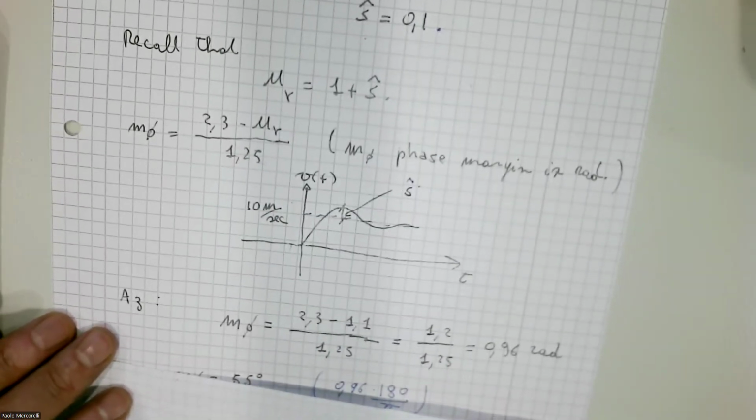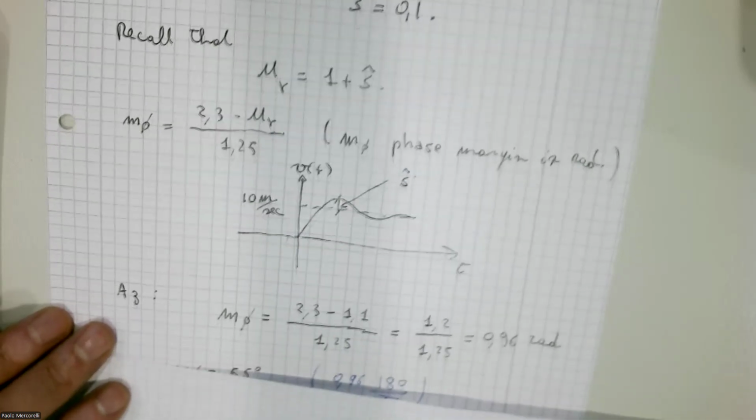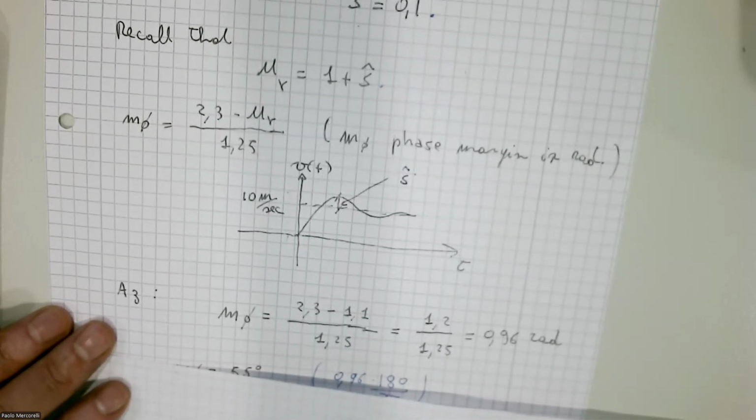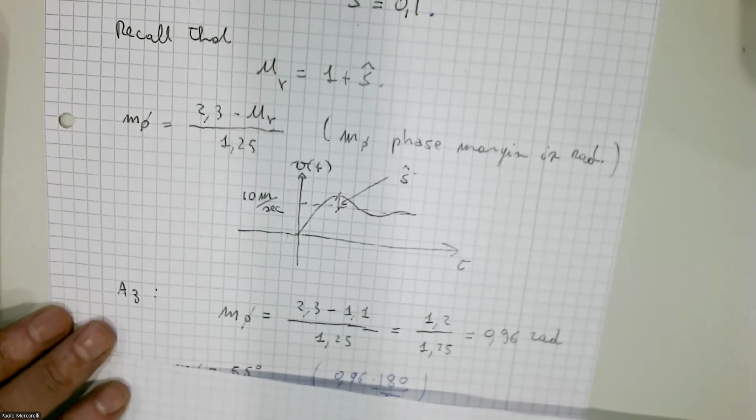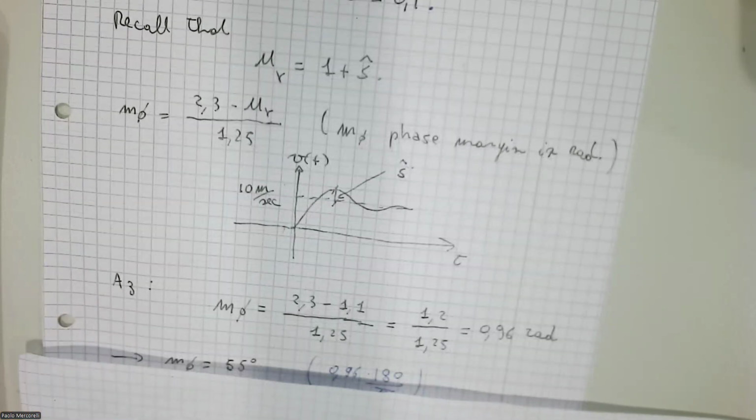It's the difference between the phase of the open loop gain, the GOL, and minus 180. Because do you remember, minus 180, this cross frequency is the critical frequency, which must be avoided in any case, or let me say must not be overcome.